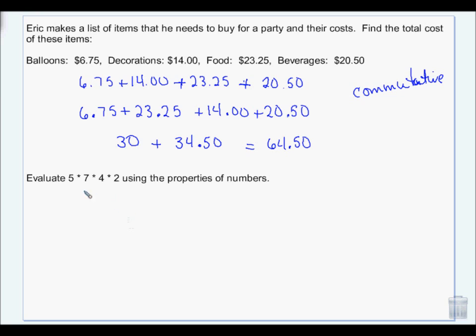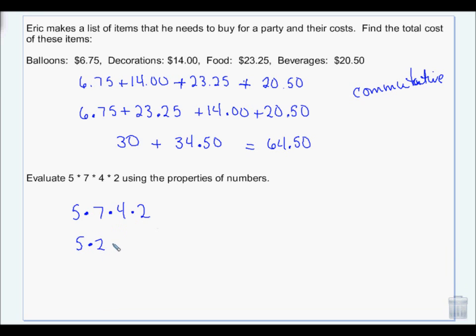I can do the same thing here with this multiplication. Well, I can do 5 times 7, that's 35, and then I can do 4 times 2, and that's 8, and then I'm multiplying 35 times 8. Or 35 times 4 and then times 2, that's not easy to do in my head. But 5 times 2 is easy to do in my head, right?